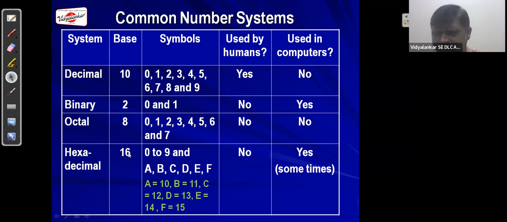Now this is slightly weird, because in hexadecimal we use digits from 0 to 9.